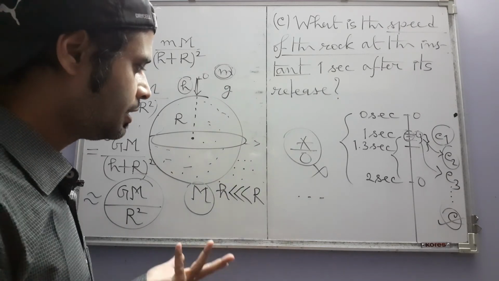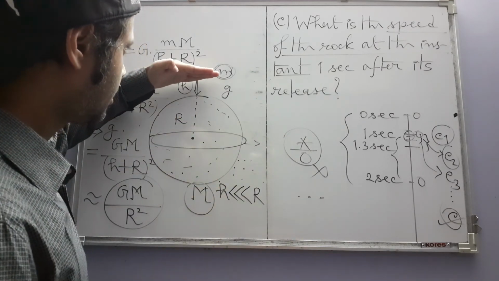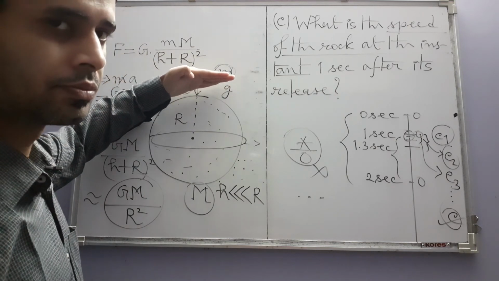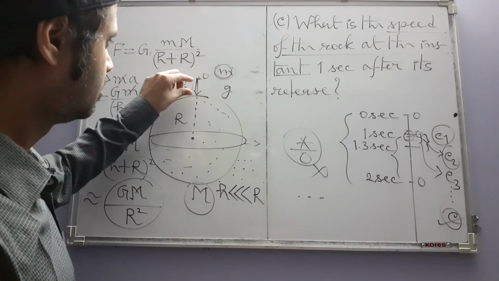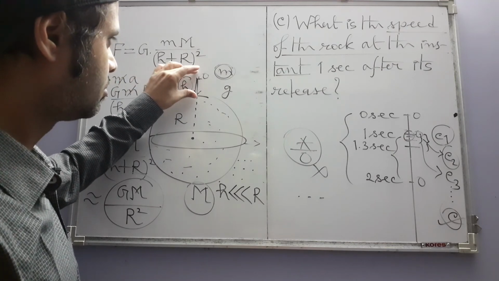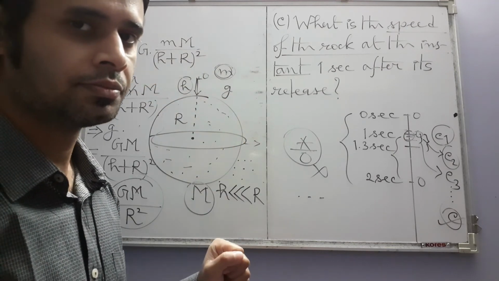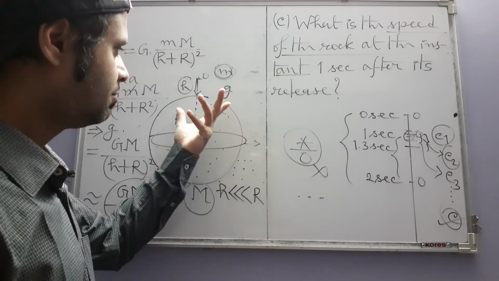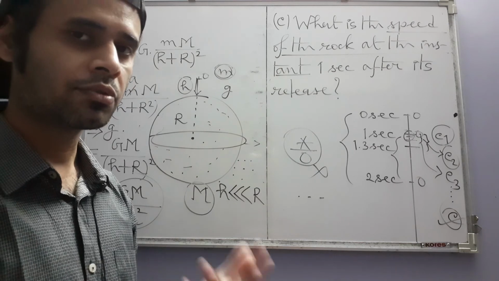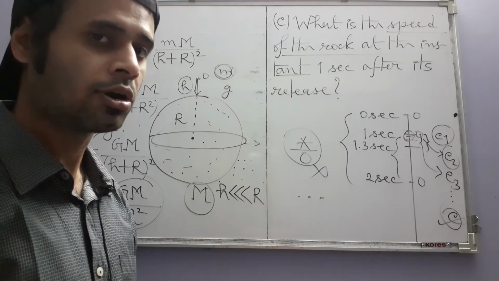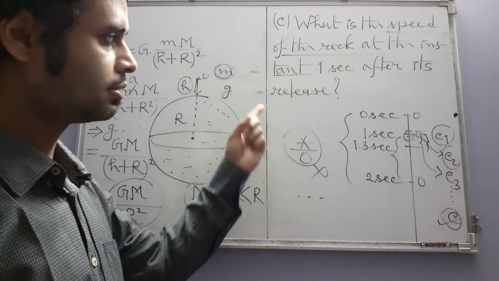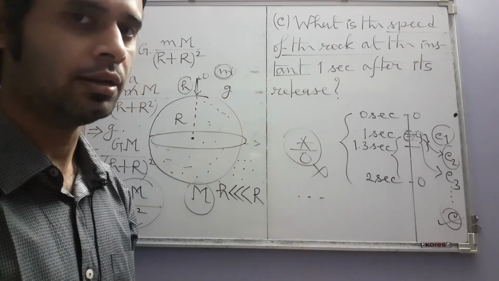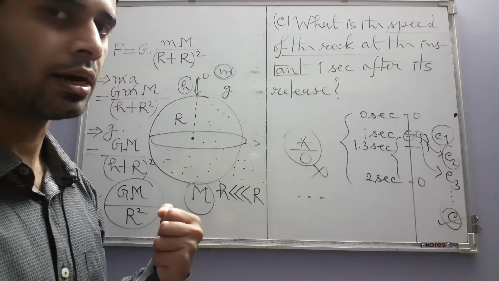So the point here is that if our object is being released in vacuum from a not very high point, then during the first few seconds of its fall, if it is falling only under the influence of gravity, it is called free fall. In that sense, the authors have used the words falling freely near the surface of the earth.